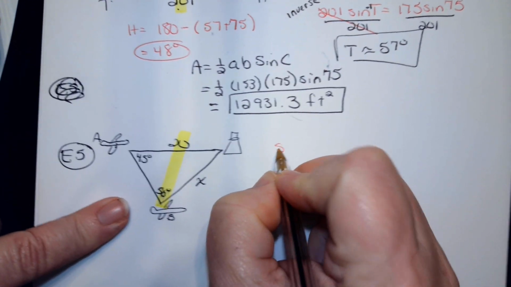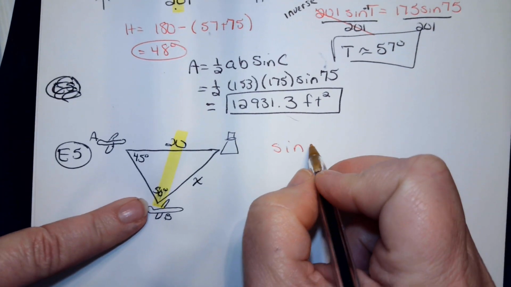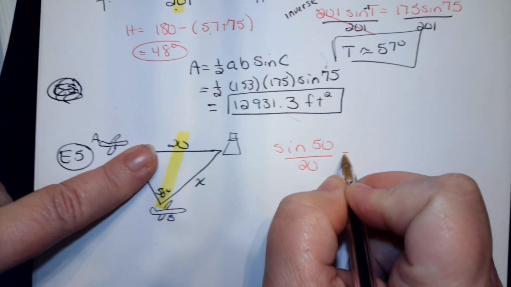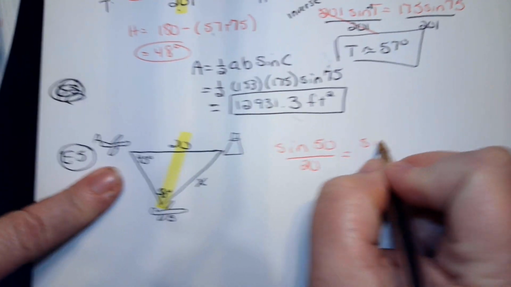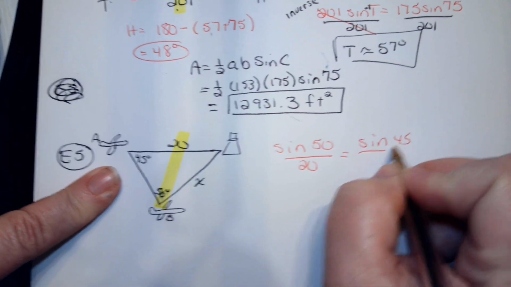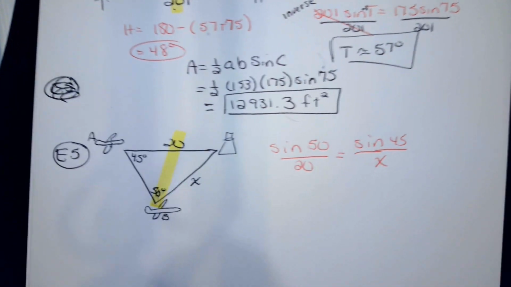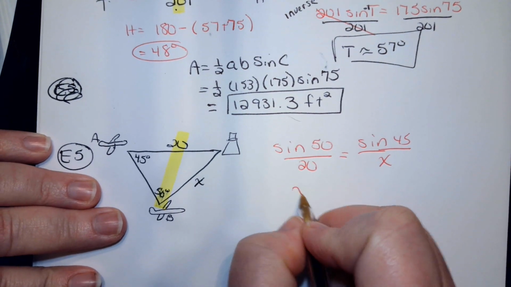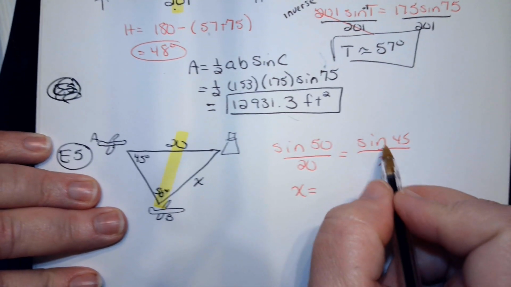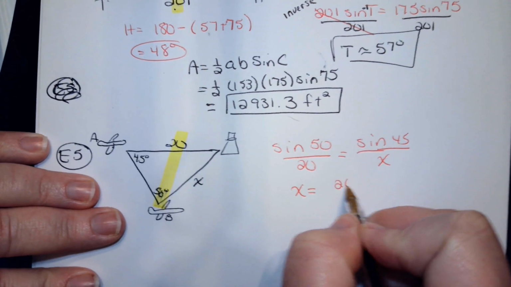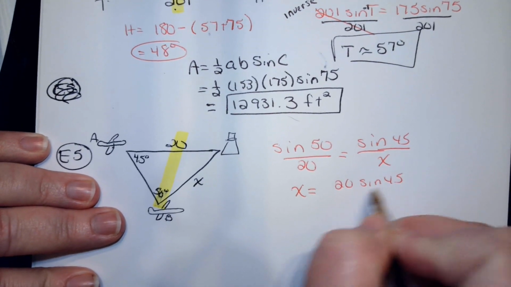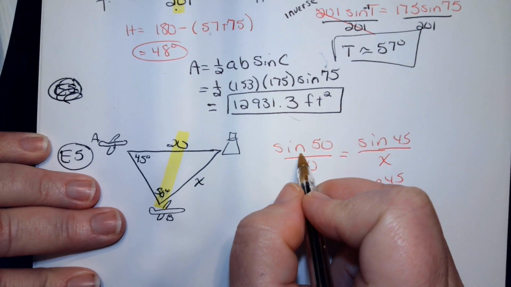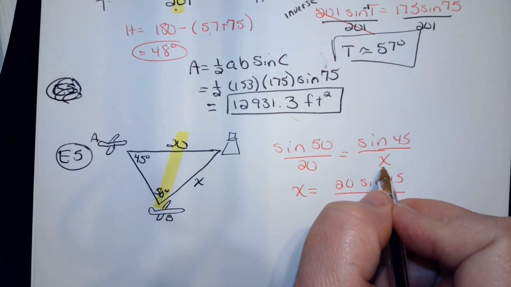All right. So we're going to say the sine of 50 over its opposite side of 20 is equal to the sine of 45 over x. We're going to cross multiply and solve. And when we do that, we're going to have 20 times the sine of 45 over, this would be x times the sine of 50, but then to get x by itself, we divide.